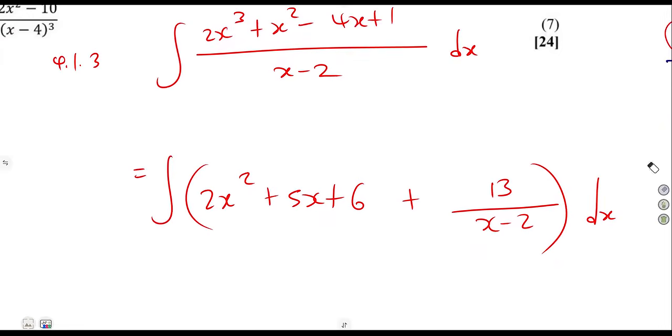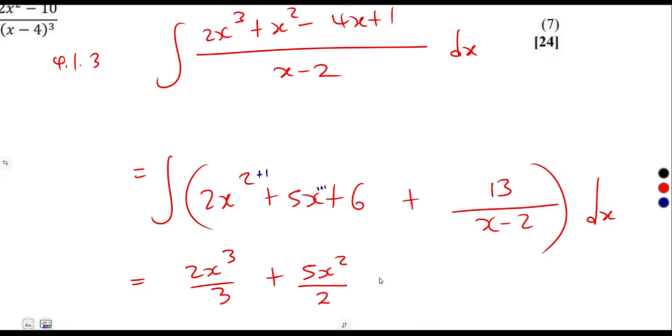Integrating this, we simply add to the power. So that's 2x cubed over 3 plus, this is x to the 1 already, so if we add 1, that's 5x squared over 2, plus 6 is going to give us, with respect to x, 6x.